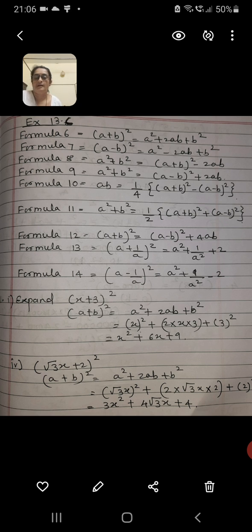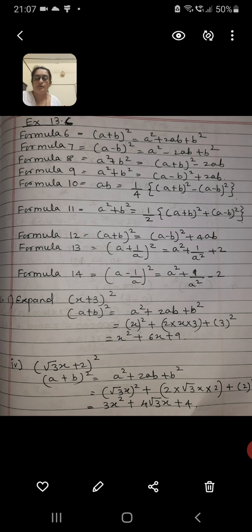Formula 14 is a minus 1 upon a the whole bracket square, a square plus 1 upon a square minus 2. In 13 and 14, if the sign is plus, that gives you plus 2. If the sign is negative, that gives you minus 2.